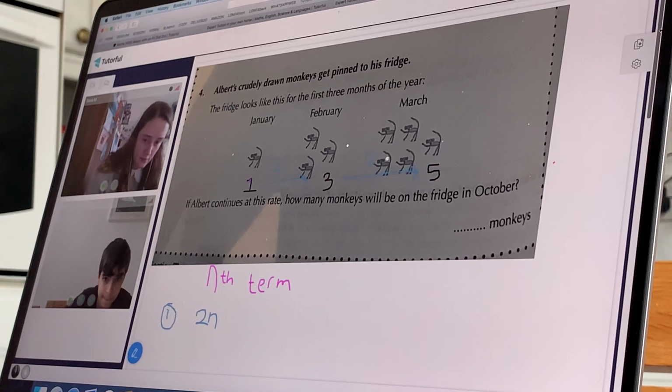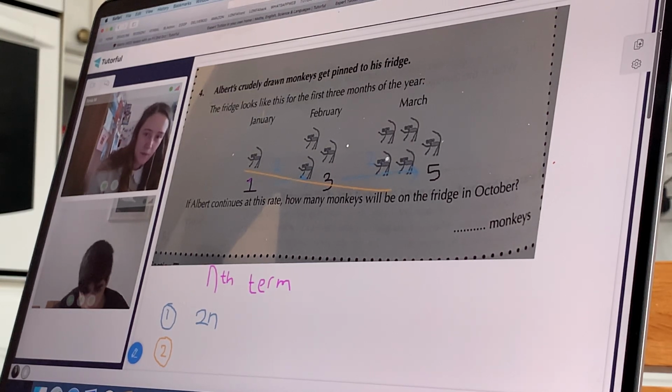Just scroll down a little bit and see this next line, where n is the number of the term. So this is term 1, this is term 2, and this is term 3.